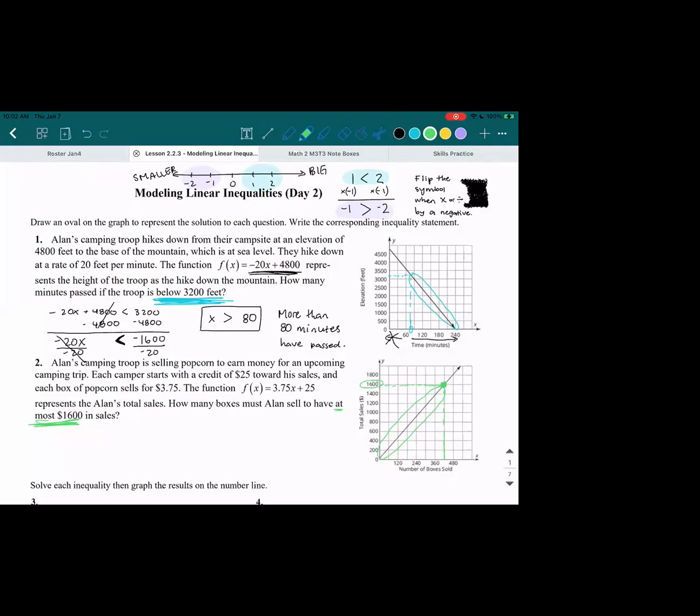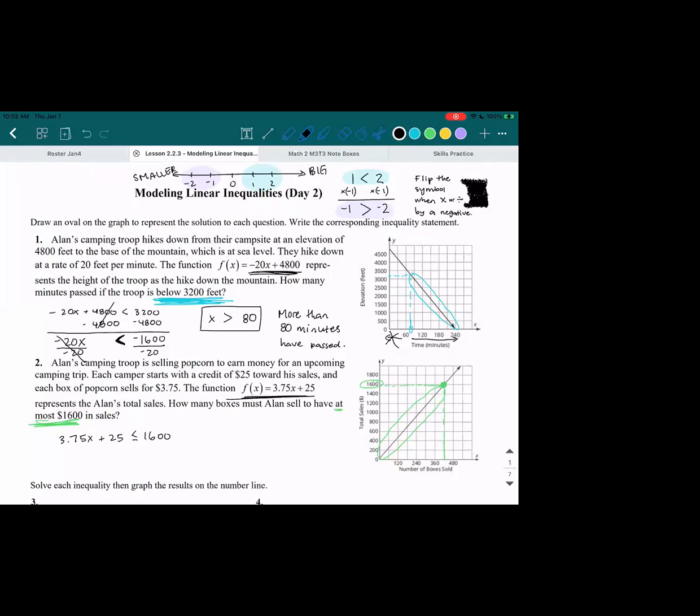And now let's rewrite our equation so we can solve for it as well. So we have 3.75x plus 25. And then if we want at most 1,600, that is less than or equal to 1,600. So we want his total sales to be at most 1,600.